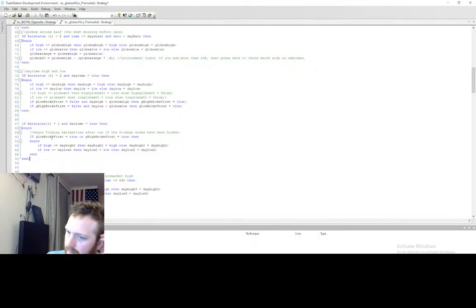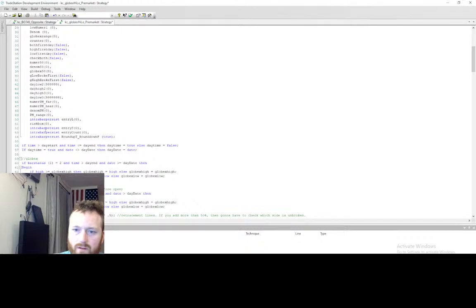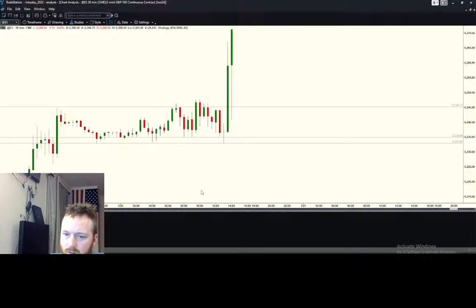So day high 2, day low 2, Globex broke first, Globex low broke first. Those should be intrabar. We should see orders. I don't get why it's not working. What's wrong?